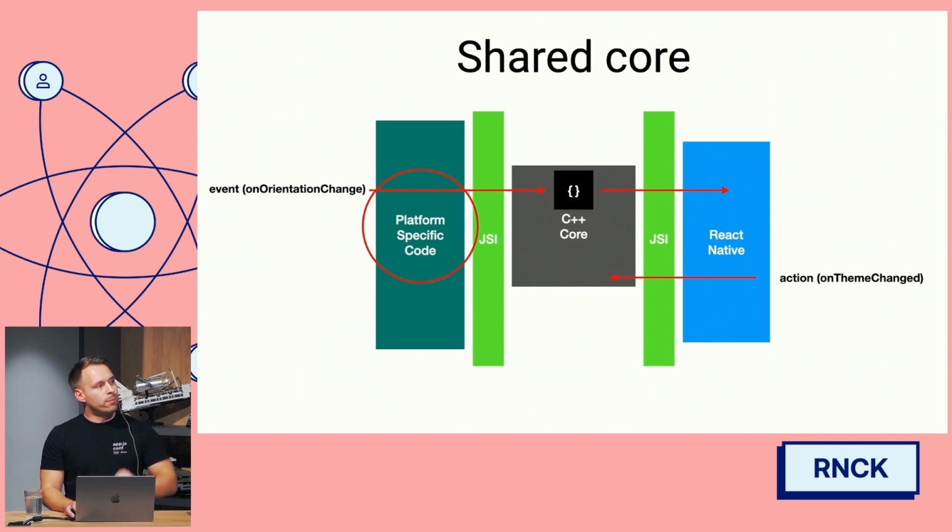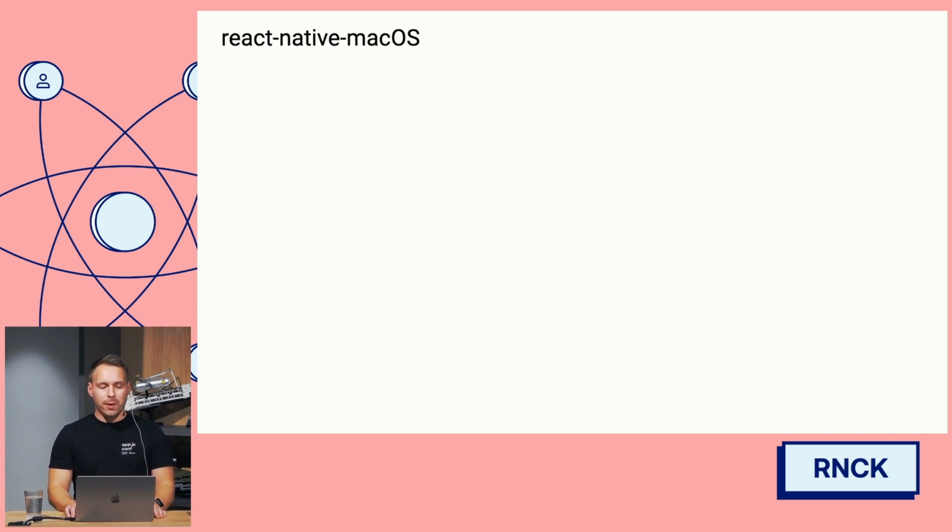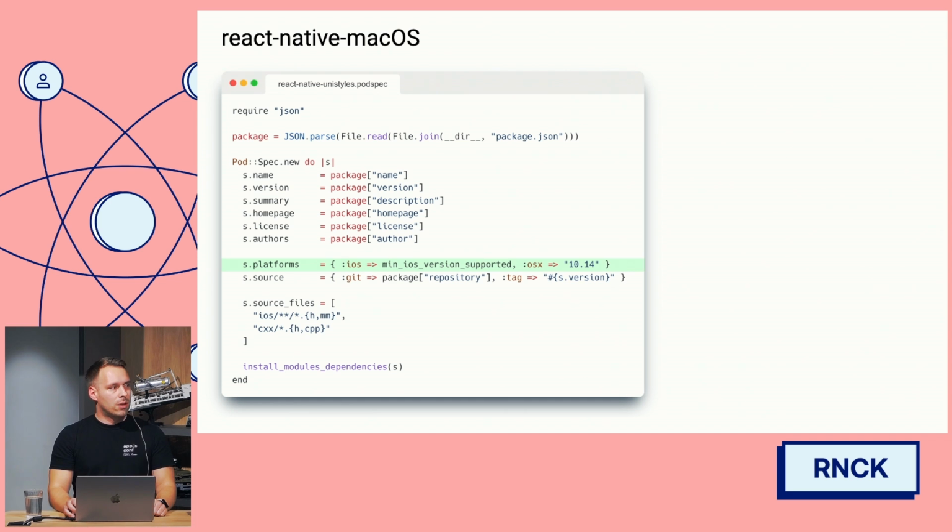Again, moving back to the platform-specific code, I would like to start with React Native macOS. Is it hard to add support for React Native macOS to your React Native library? Well, it's not. You just need to add one more line to the podspec file that indicates that you are supporting macOS.